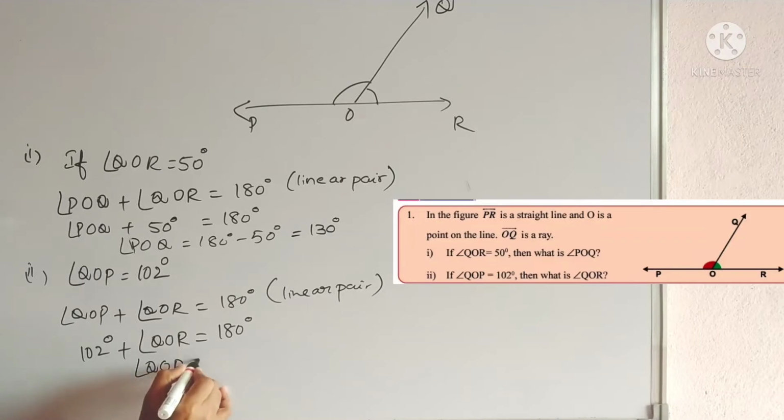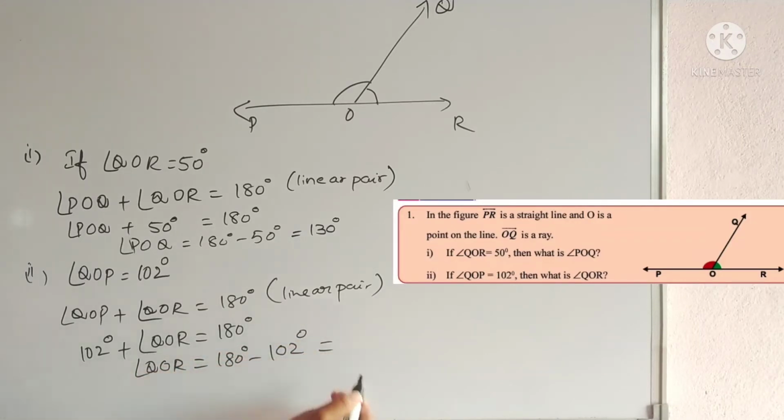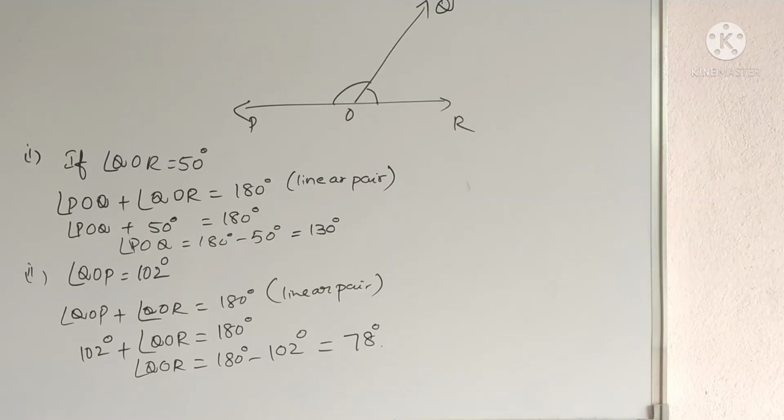Then angle QOR equals 180 degrees minus 102 degrees. First 180 minus 100 is 80, 80 minus 2 is 78 degrees. So like this, you can calculate one angle in the linear pair if we know the second one.